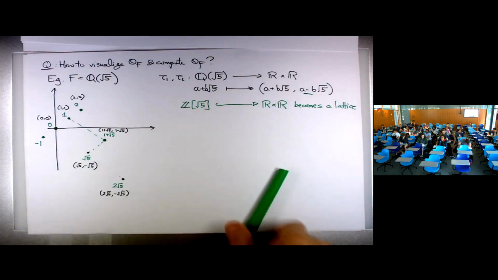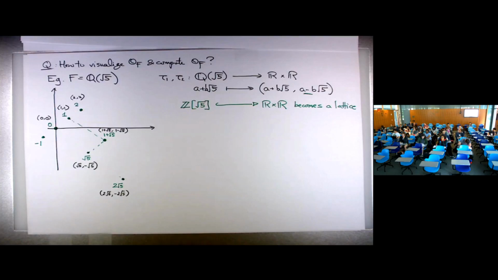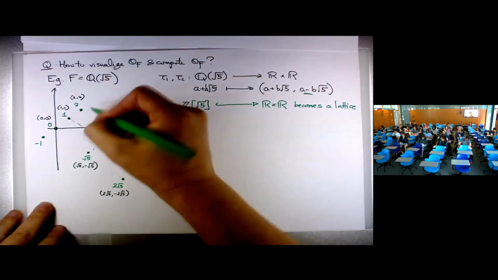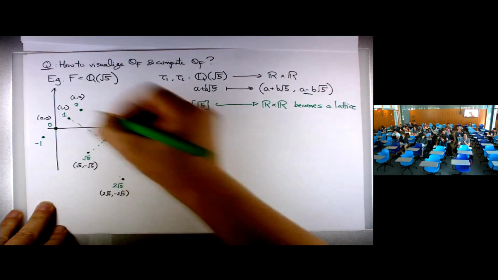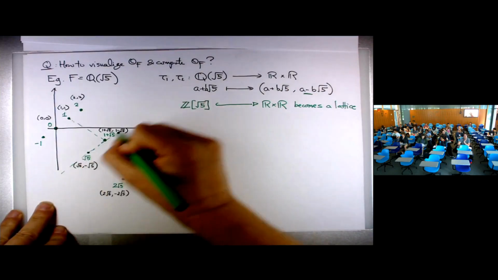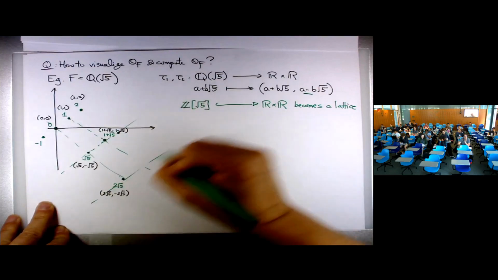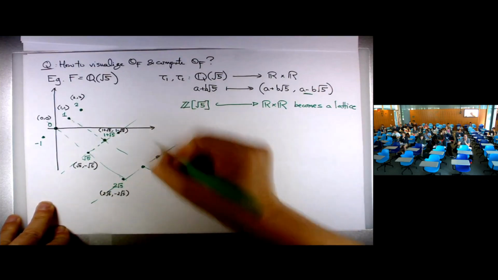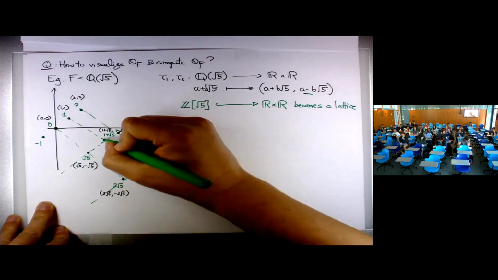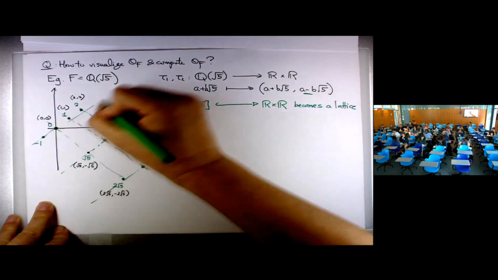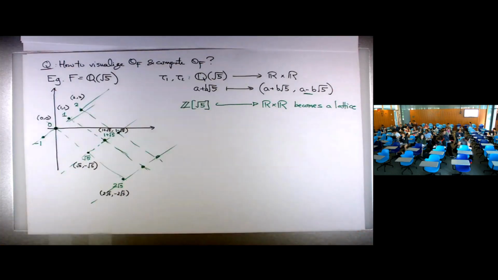And then you see that if you embed this Z adjoin root of 5 into two-dimensional real space, you're going to get some sort of lattice. I don't know how to draw this. Roughly, you get some sort of lattice here.